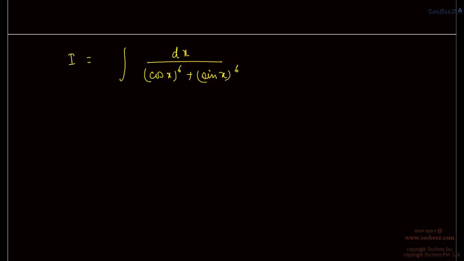Let us divide both numerator and denominator by cos to the power 6 x. So we have here sec x to the power 6 upon 1 plus tan x to the power 6, right?